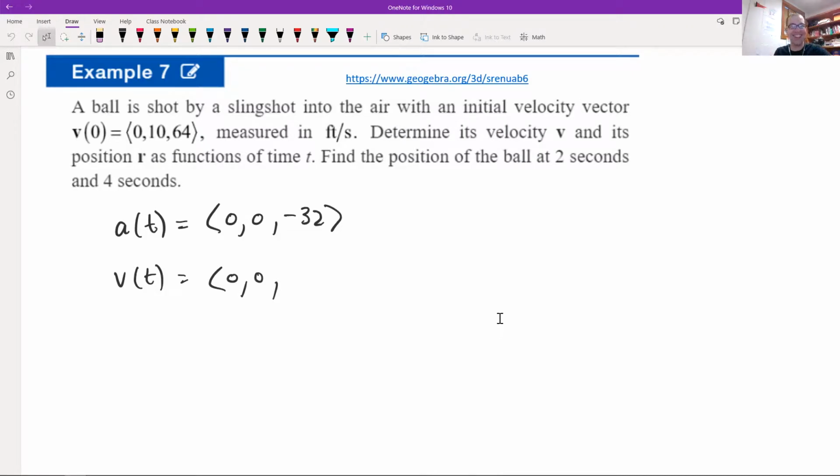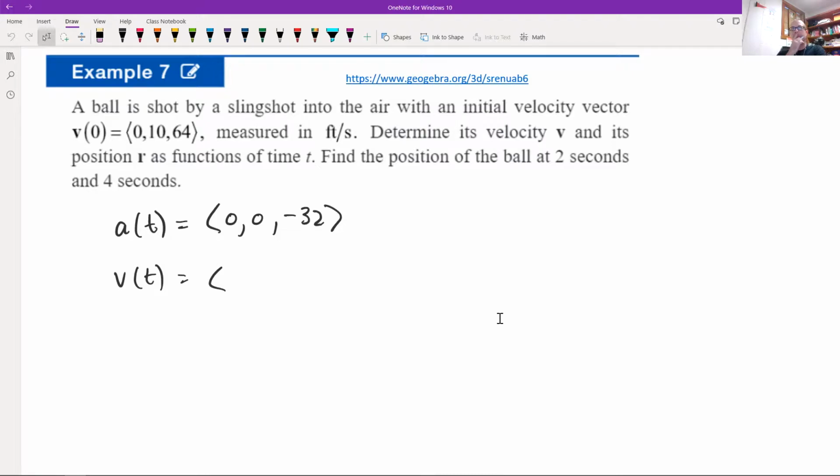I haven't done this in a while. Oh, it's okay. These are constants that could possibly be there, but they're going to depend on the initial condition.